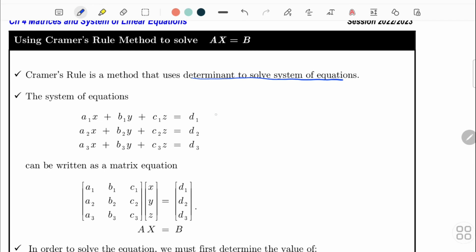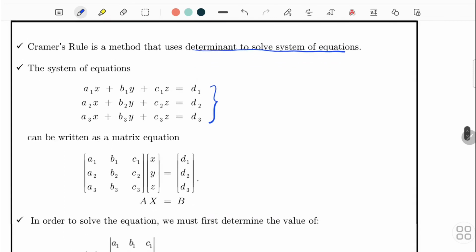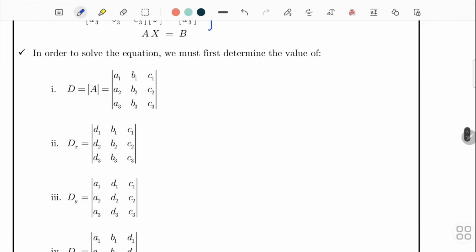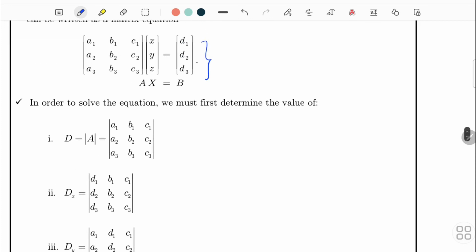We start with the list of the system of linear equations and rewrite it in the form of Ax equals B, and then we find the determinant of matrix A. We start with finding the determinant of matrix A, which comes from the coefficients of each variable.